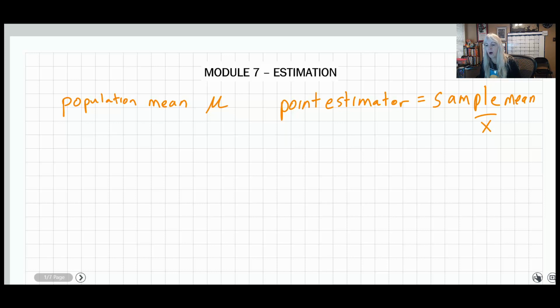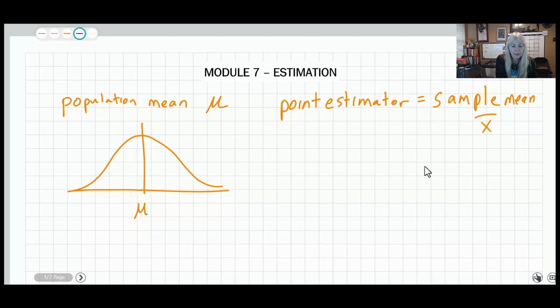All a confidence interval is, let's stick with the mean here, is our population mean, but then we have some error, okay? And we'd like to have some confidence that we fall within this error. And this in here is our confidence level.